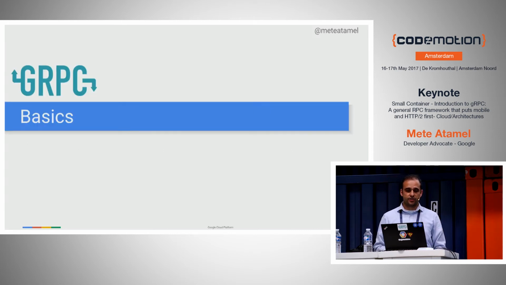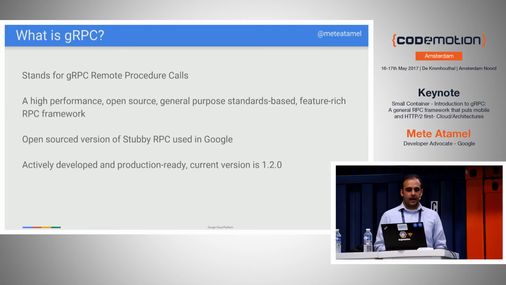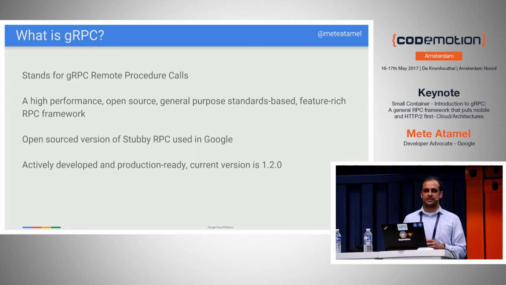All right, so the basics of gRPC. It actually doesn't stand for Google RPC. It stands for gRPC Remote Procedure Call, so it's like a recursive definition. It's open source, and the key thing about gRPC is that it's very efficient. It tries to be really efficient because we do a lot of RPC calls at Google.